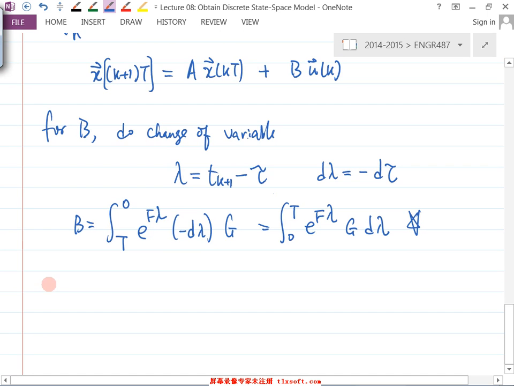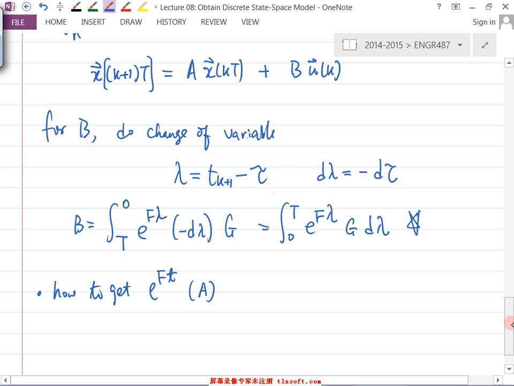So now the question here is how to get this first one, e to the power of ft. That's basically our a matrix. And then the next is how to get this b here.